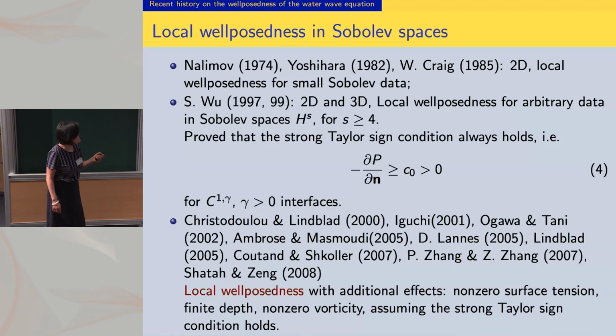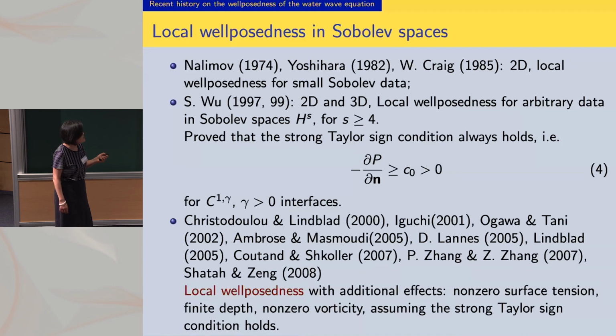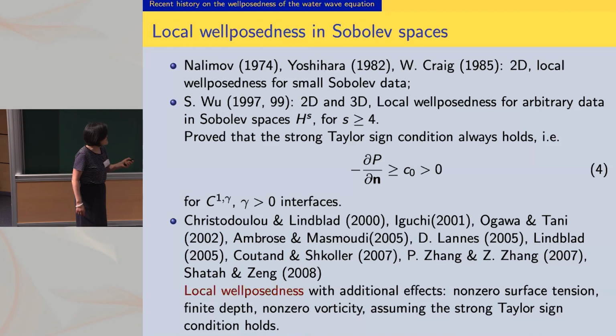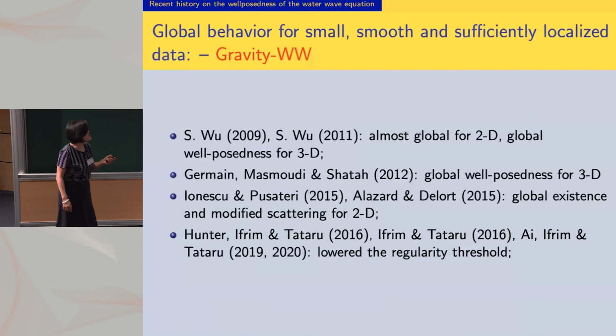These are all local well-posedness results, but in all these situations, the Taylor sign condition does not necessarily hold. In fact, in the case of Lannes, he is able to show that if the bottom is a small perturbation of the flat, then it still holds; otherwise you have to assume the Taylor sign condition holds.